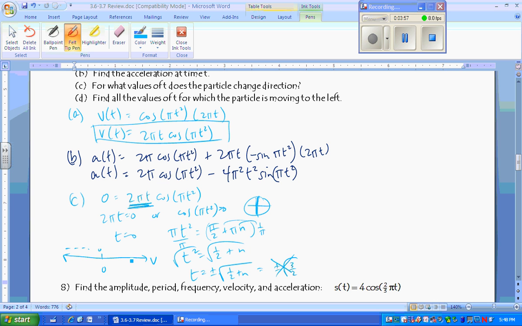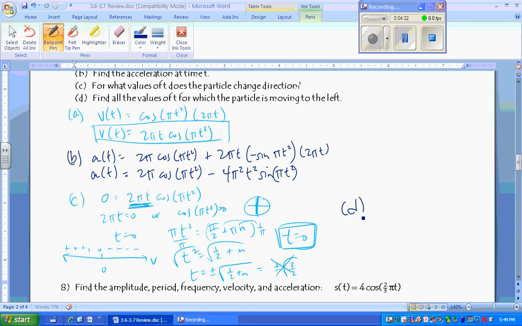So this would be negative times negative, so this would be positive. If we put a positive number in, this first part is going to be positive. So if we put positive 1, 1 squared times pi, so we have pi. Cosine of pi is -1 times the positive here, so we get negative. So it does change here. So the only value where it changes is at t equals 0.